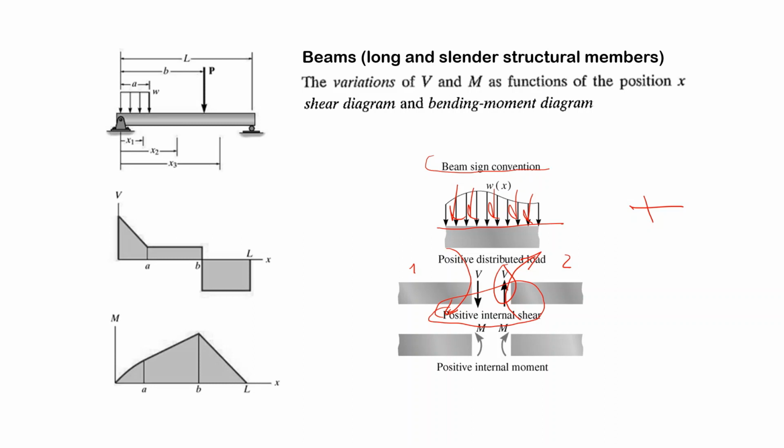And if you have moments which cause compression on the upper and tension on the lower surface, these internal moments are taken as positive.